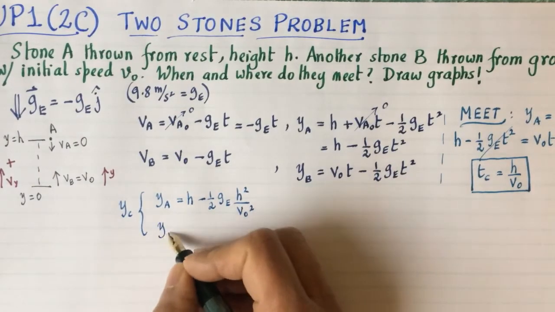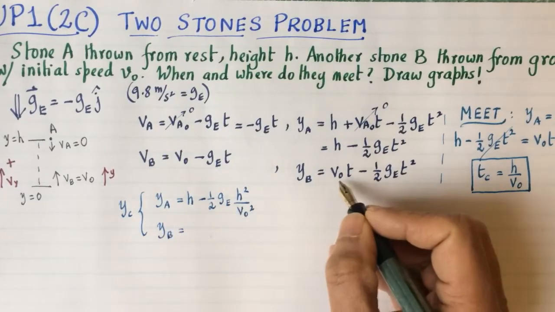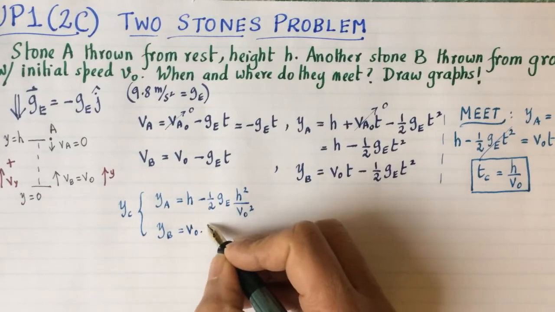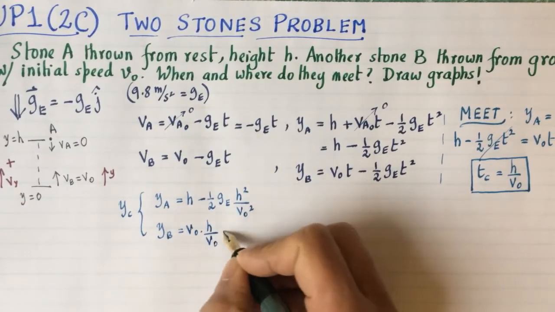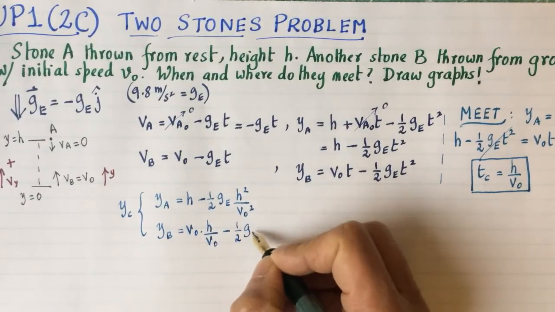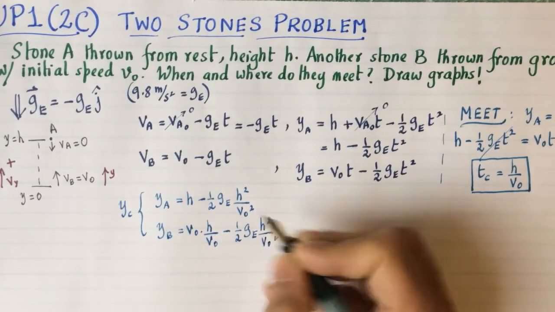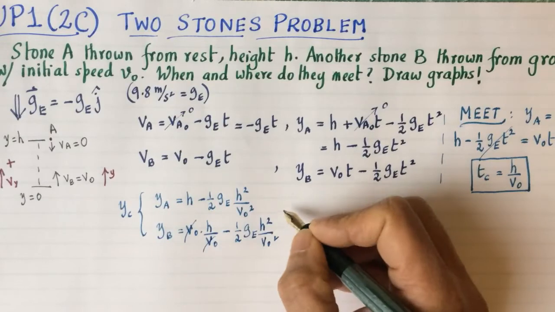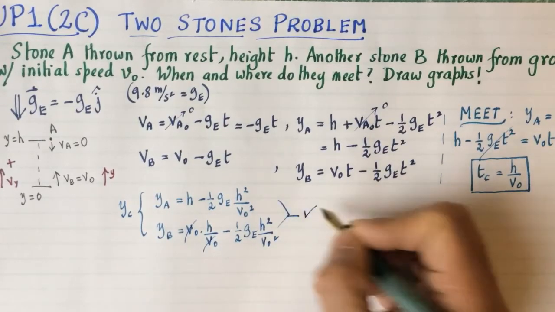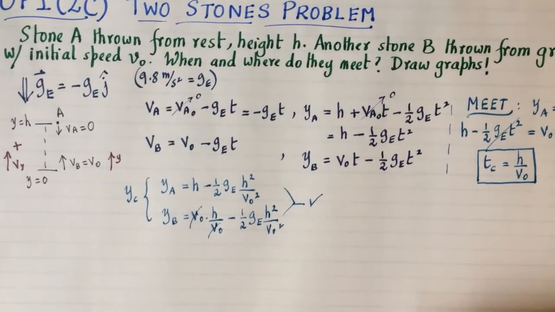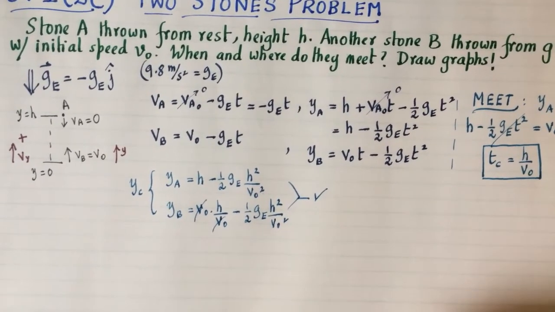And yB, if I used yB instead, I'm going to get v0 times the critical time, which is h upon v0, minus 1/2 g sub e, h squared over v0 squared. And here the v0s cancel out, and you can see that these two expressions actually agree. So we have found also where the collision occurs.